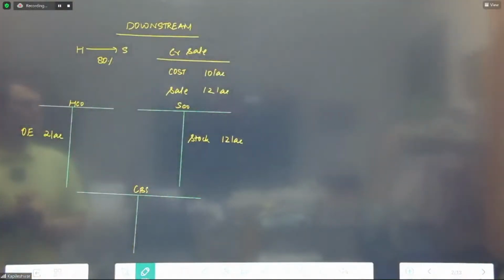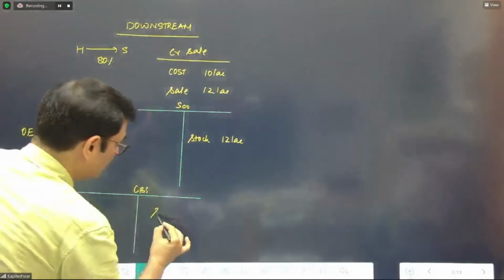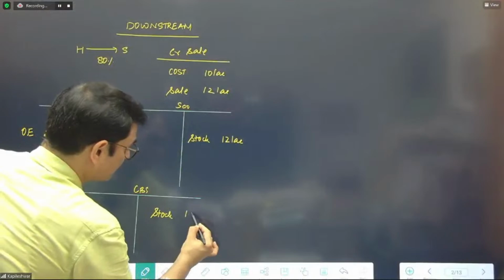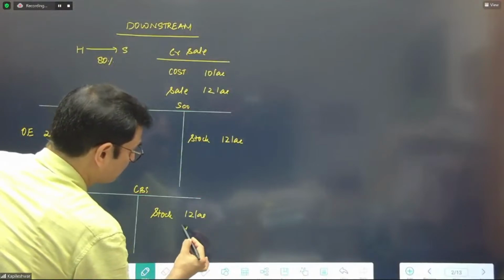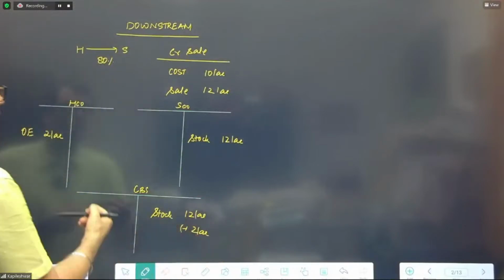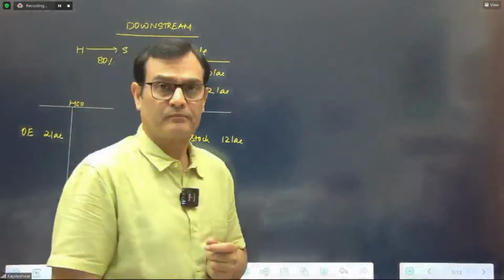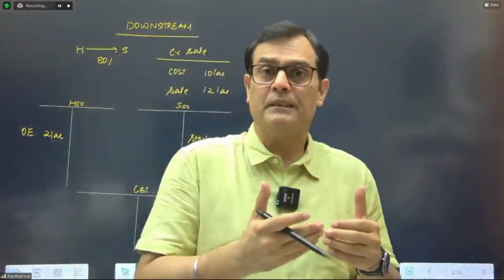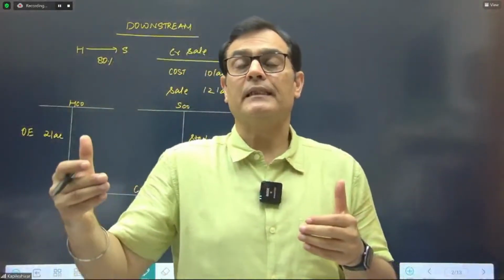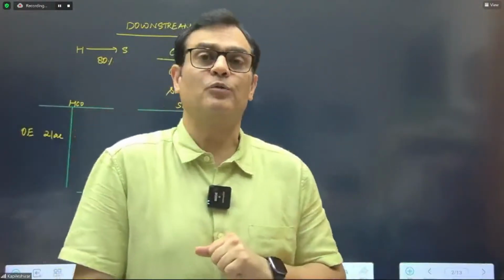Now let's see what we need to do in terms of the consolidated balance sheet. I think it is pretty logical that the stock should not appear at 12 lakhs, because this 2 lakh rupees, which is a profit on sale, is unrealized from the group point of view. When the parent company made a sale to the subsidiary and the subsidiary could not sell it to outsiders, the profit is not realized.